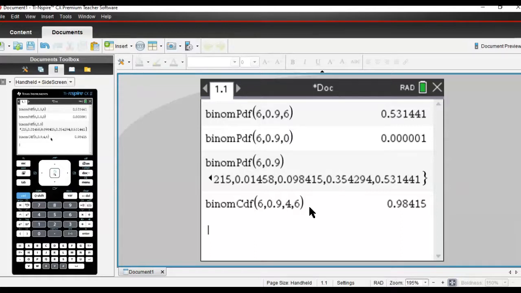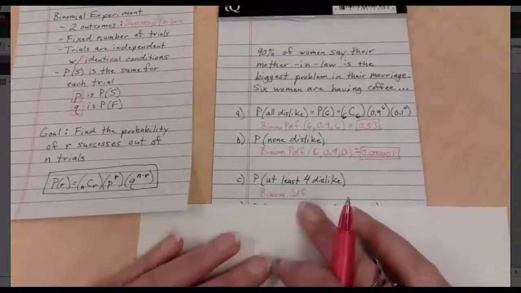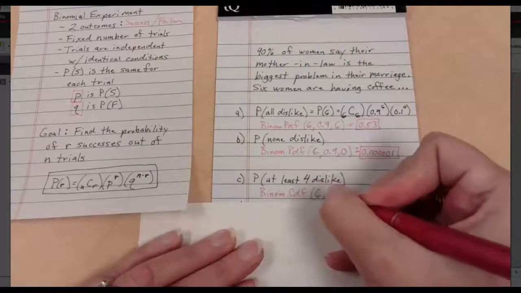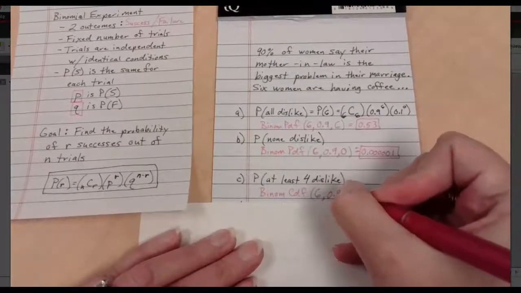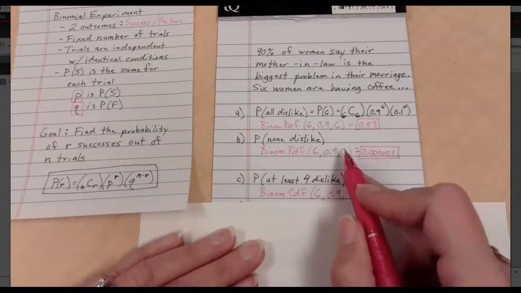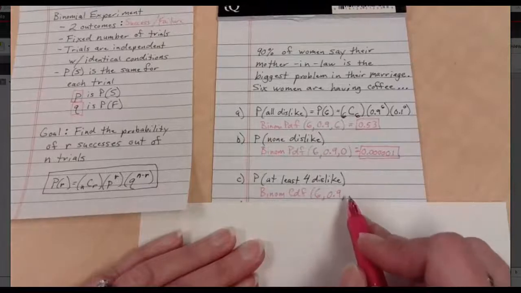All right, so jumping back to my page again. I am here. There we go. The probability that at least 4 dislike. We are still saying there are 6 women. We are still saying the probability of success is 0.9. However, instead of one single probability, we've got a range.